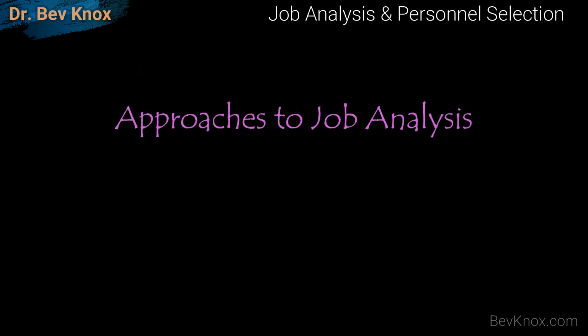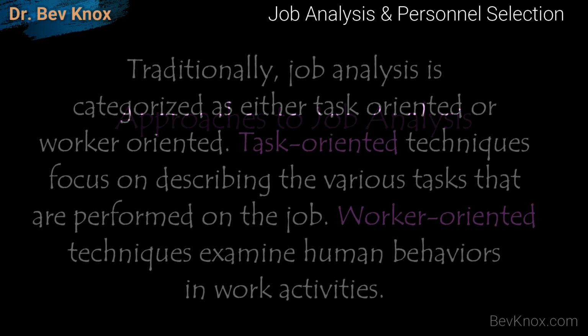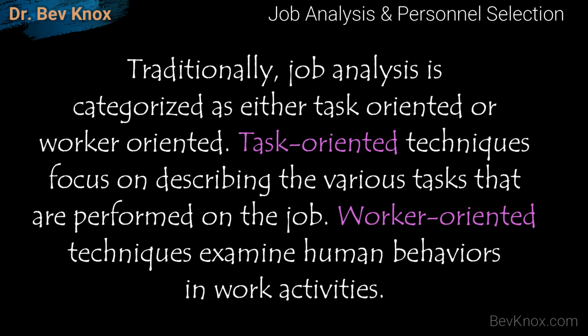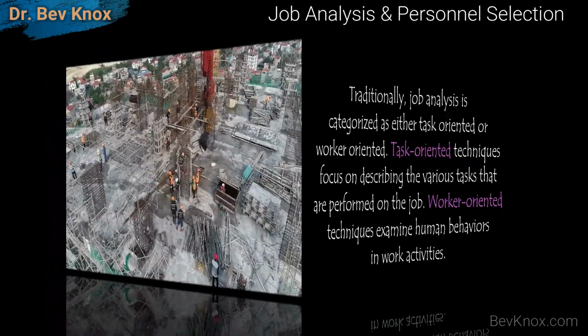Now, in regards to the approaches to job analysis, traditionally, job analysis is characterized as either task-oriented or worker-oriented. Task-oriented techniques focus on describing the various tasks that are performed on the job, whereas worker-oriented techniques examine human behaviors in work activities.